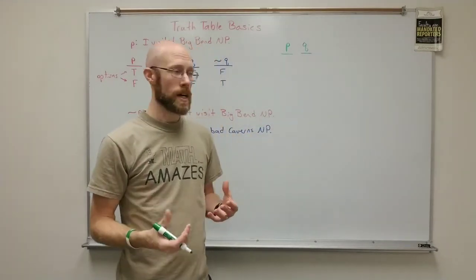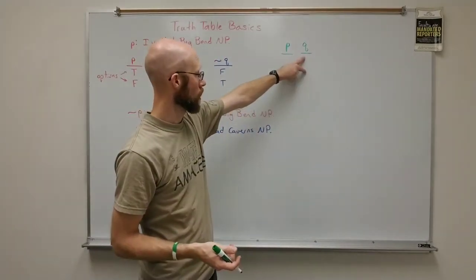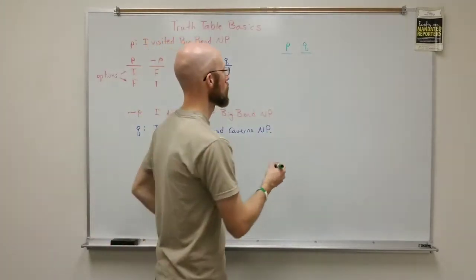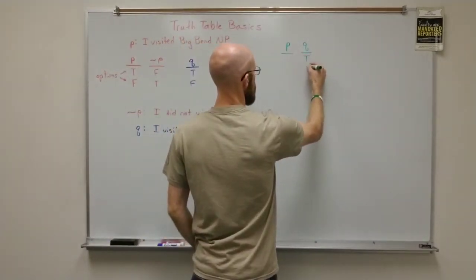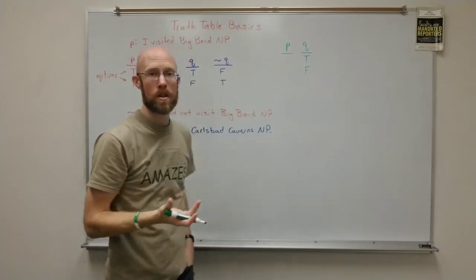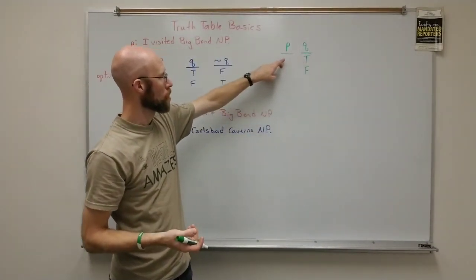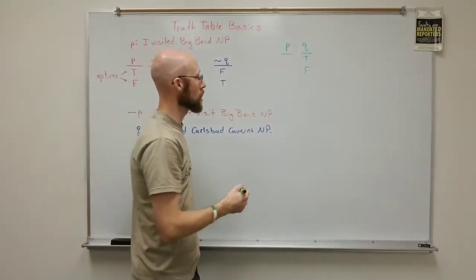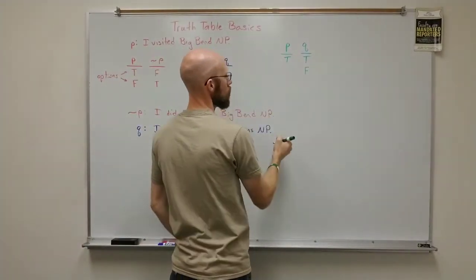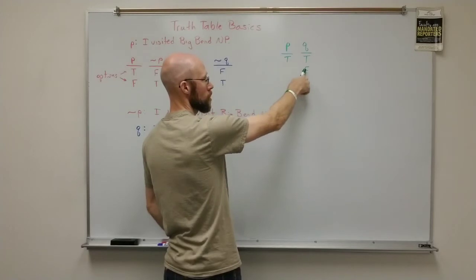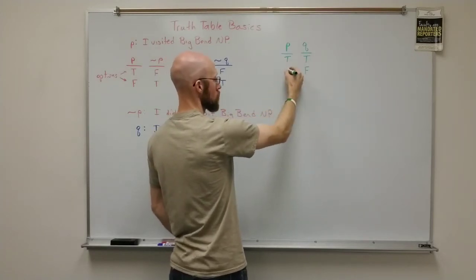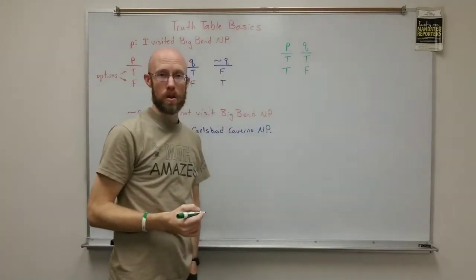The way I like to organize this is to say, let's say Q is true or false. Could be either true or false. The truth of Q could be associated with the truth of P, and Q being false could be associated with P being true also.